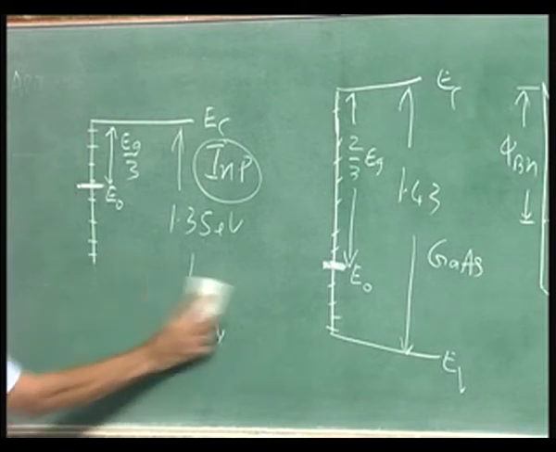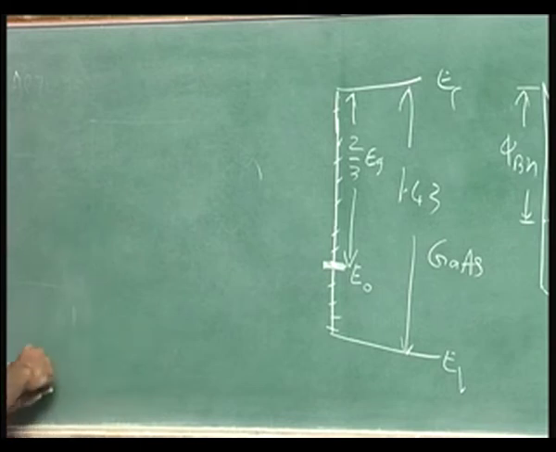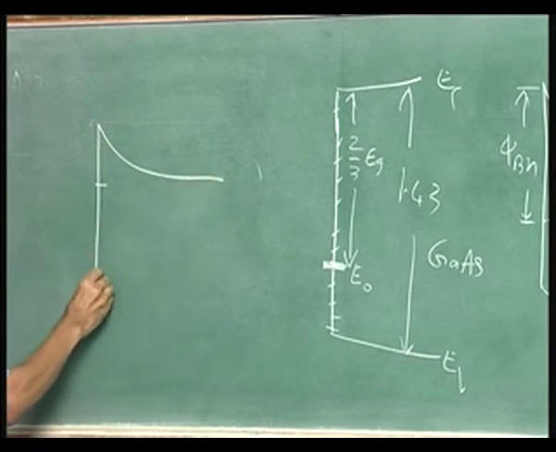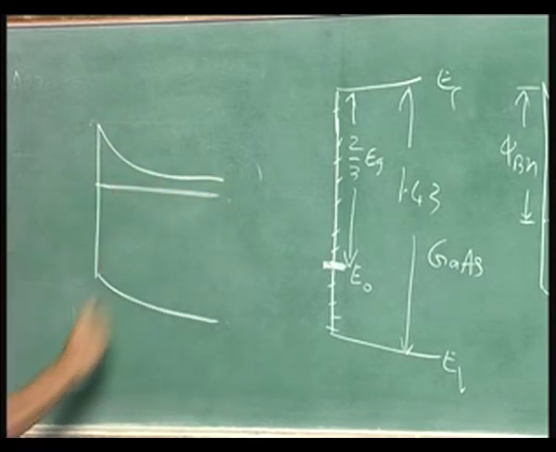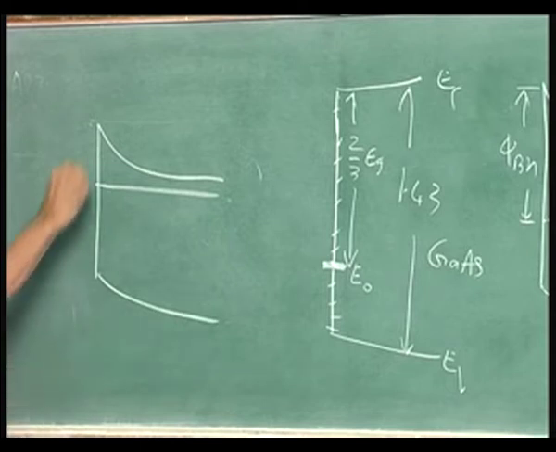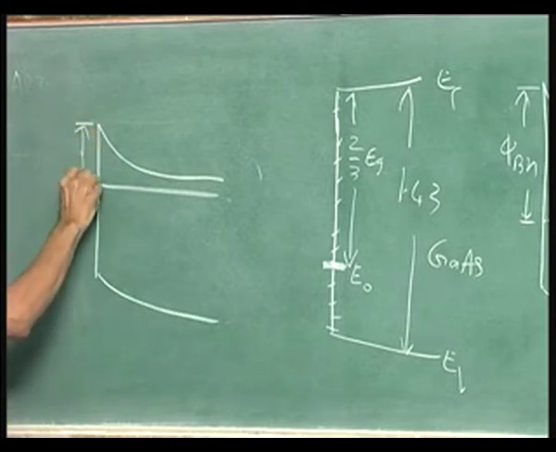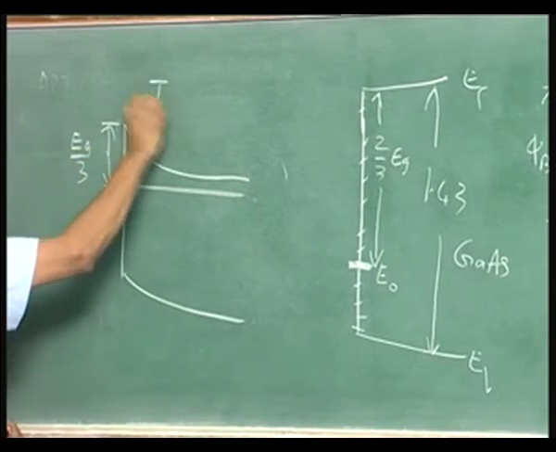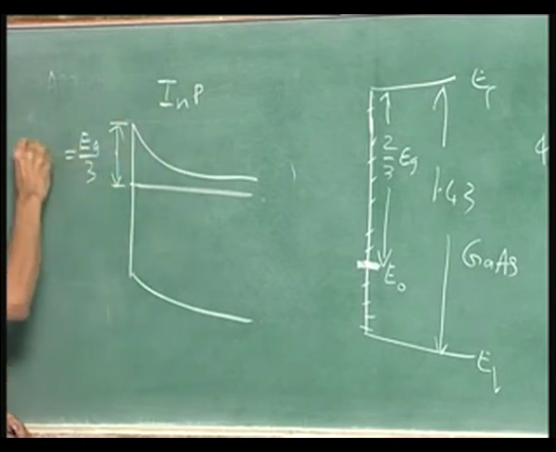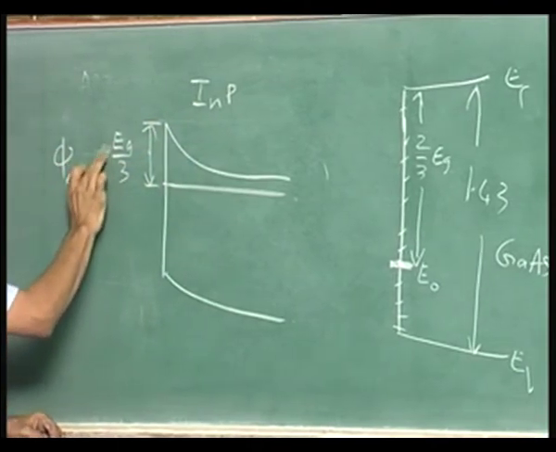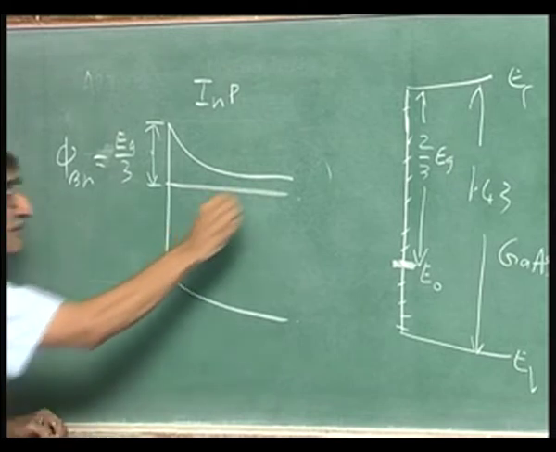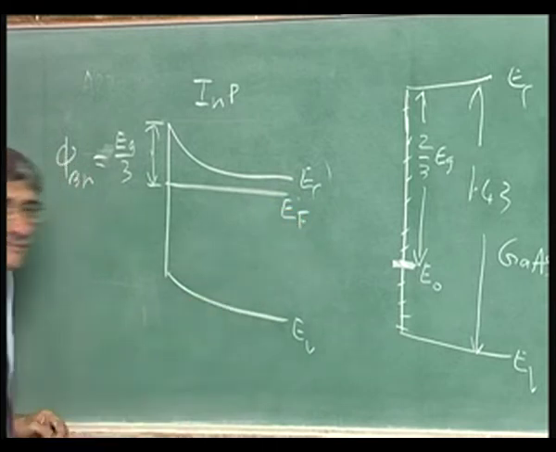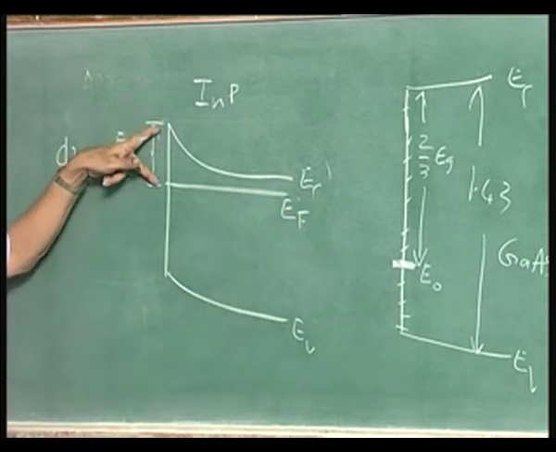Let me remove this and draw that now. Make an n-type material, so this is roughly Eg by 3, indium phosphide. So, that is actually equal to phi bn. What will you say about this now? This is EV, EC, EV and EF. So, the barrier height is now 0.43.